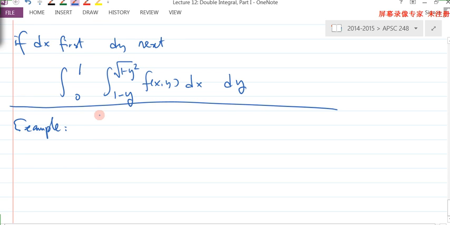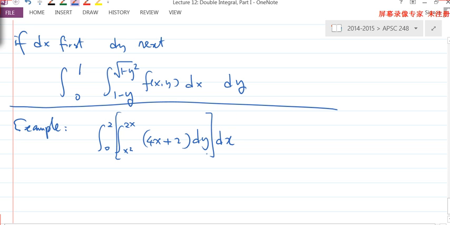Okay, so here is a double integral: the integral from 0 to 2, of x squared to 2x, of 4x plus 2, dy dx. So here's f. Before you do this double integral, if you're given the double integral, it's not that difficult to do, because all you need is to integrate the inner integral first, and then do the outer loop.